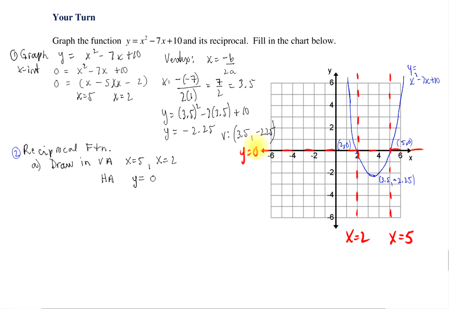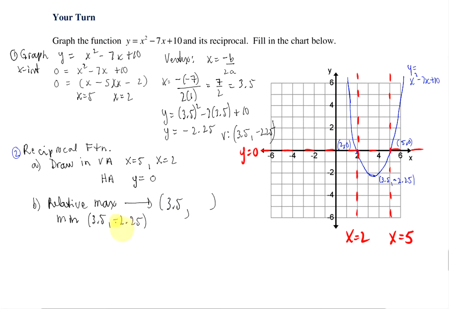Okay, now we're going to take a look at graphing the relative, in this case maximum. From our original function, we have a minimum at 3.5 and negative 2.25. So on our reciprocal function, we will have a relative maximum at 3.5.